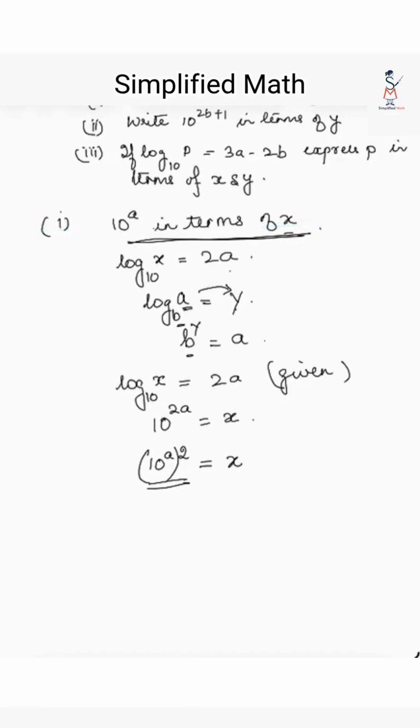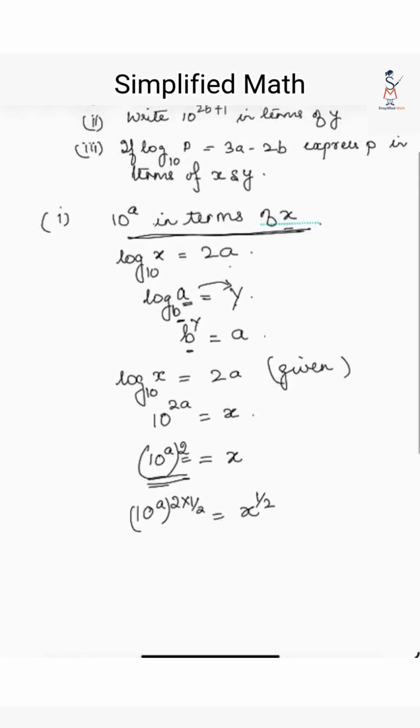Fine. Now I have to omit this 2 because I want 10 raised to the power a. That means I will multiply the powers with half on both sides. So x will also be multiplied with a power of half, and this side will also be multiplied with a power of half. Why did I do that?